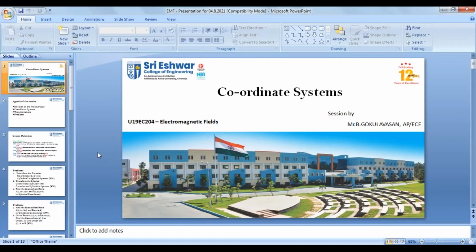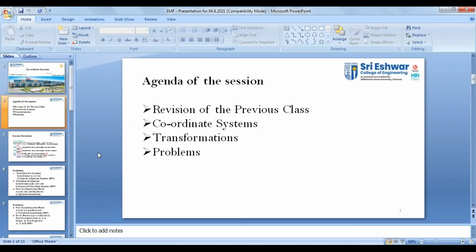So today we are going to see again the continuation of coordinate system. The agenda for today: revision of the previous class, coordinate systems and transformations, then problems.